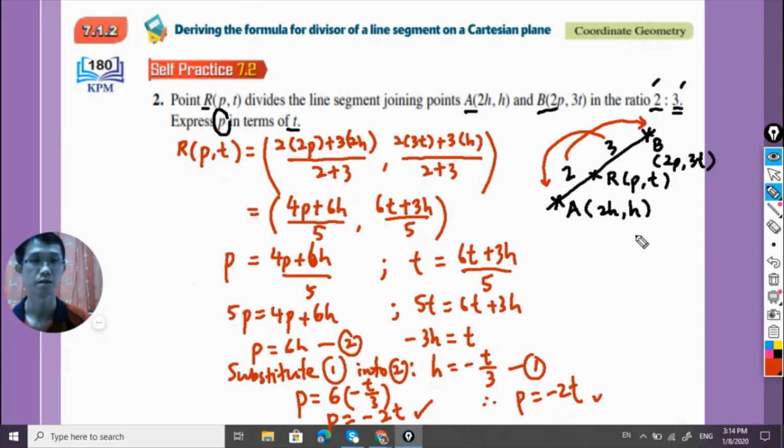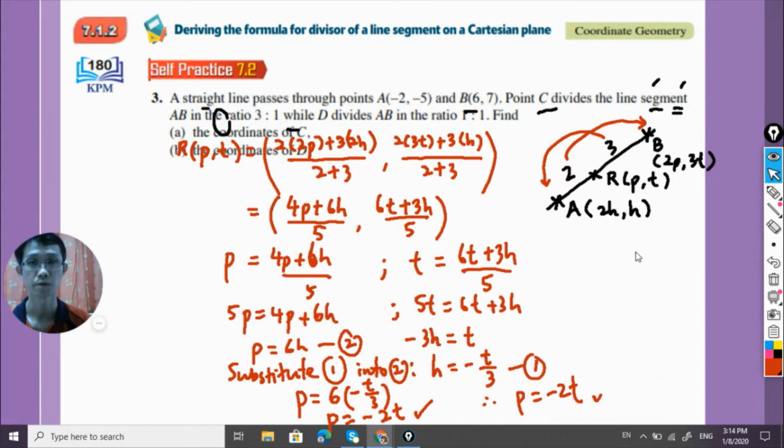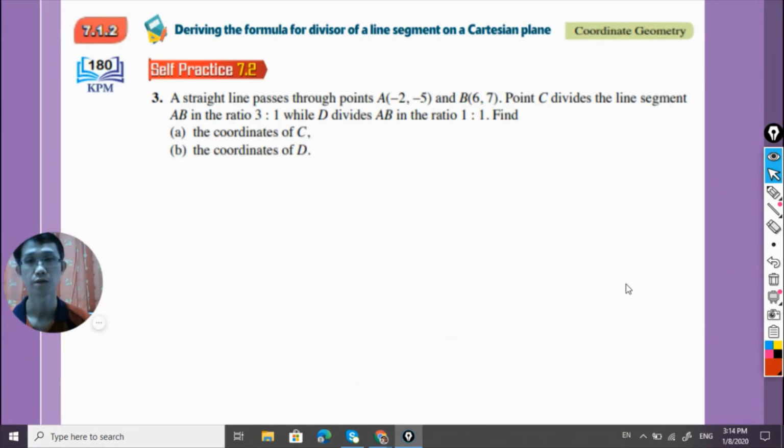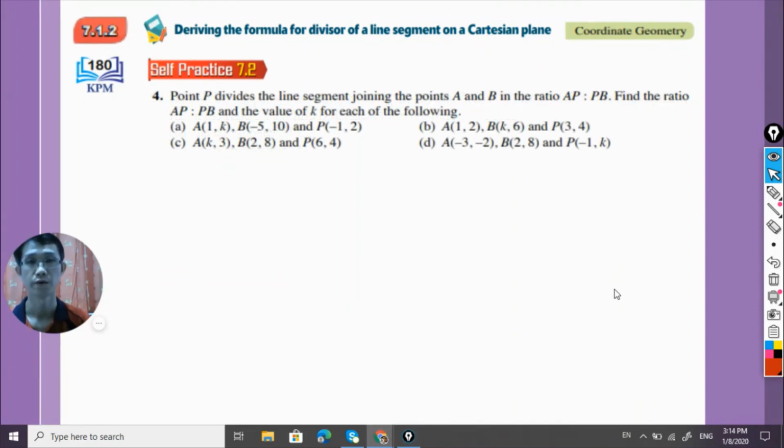The exercise that you can work on in your textbooks is page 180, question number 3 and question number 4. Question number 4 is more or less like the previous few questions, only that here you are given one unknown k in either the coordinate x or the coordinate y of the endpoint or the internal point.